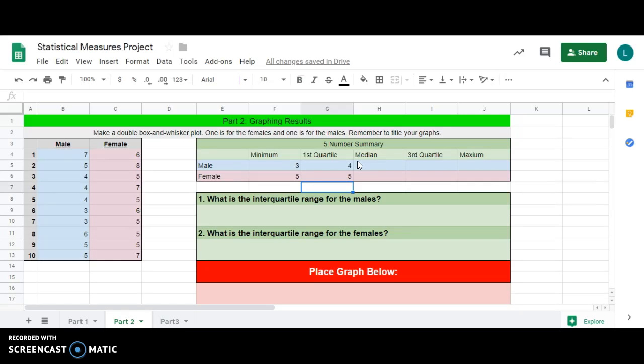All right, so now the median. For median, you just do equals. You always start every equation with equals. And then median, parentheses, highlight your data.